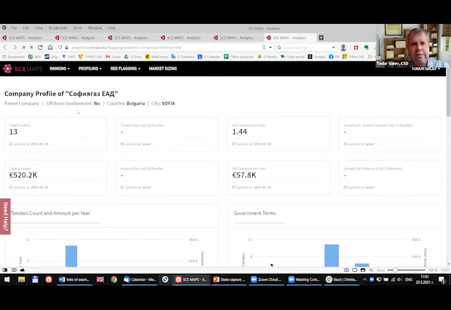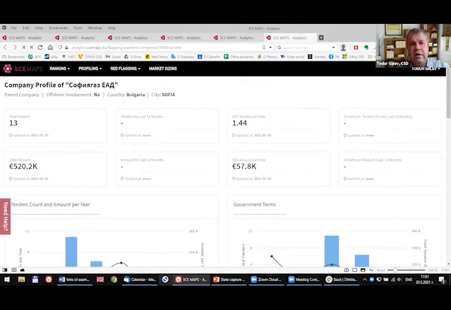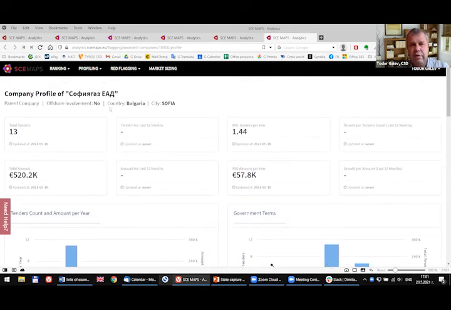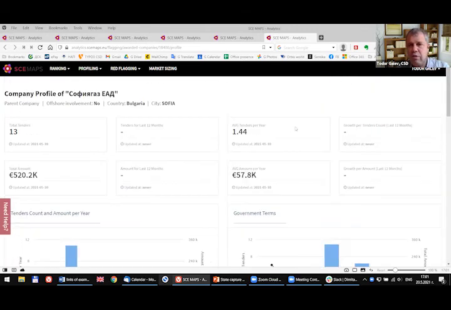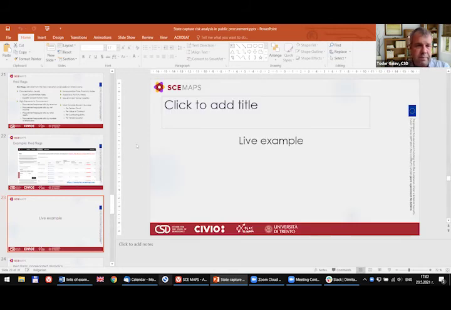Even so, this company was not highlighted in the media, or at least we didn't find media articles, which would appear here, if they exist, just below the name of the company. This is how the red flagging could work.